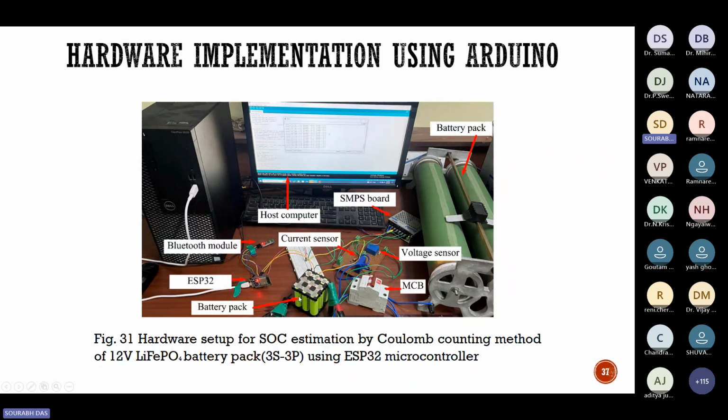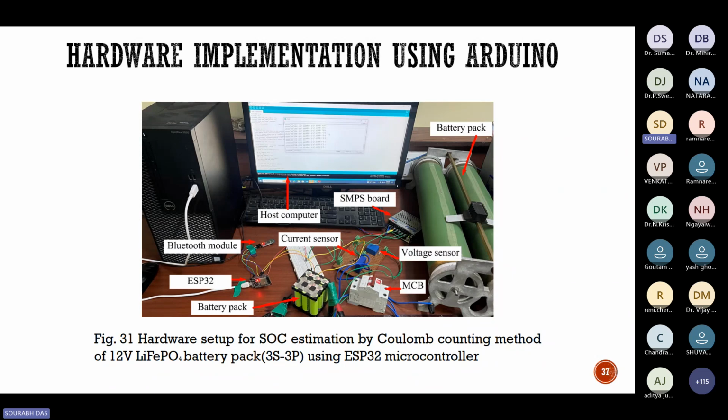Here we can see the battery is connected through an MCB. The MCB is required in the charging case. In discharging it may not be required, but for charging, if we do not use the MCB, then the charger or the DC supply can act as a load.